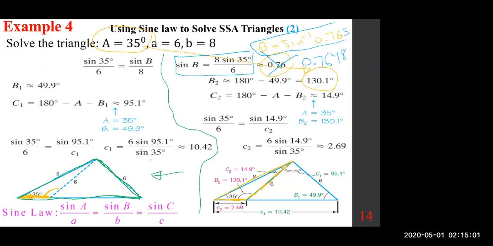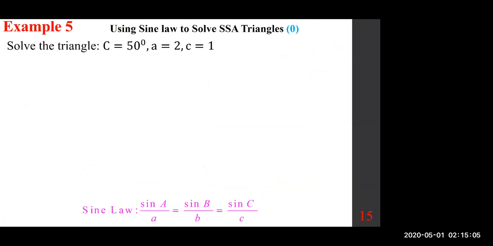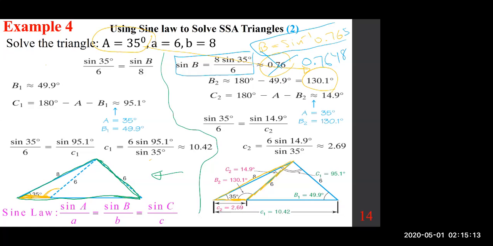So here's the next one, class. By the way, just to refresh your memory about the previous page, understand that capital A was 35 degrees and lowercase a was 6, and that's why we had 35 degrees opposite 6. Maybe I should have mentioned that.